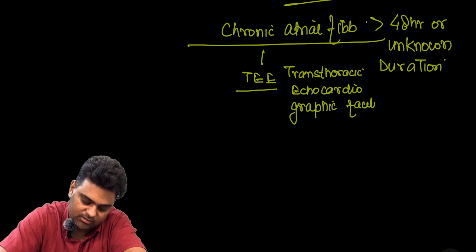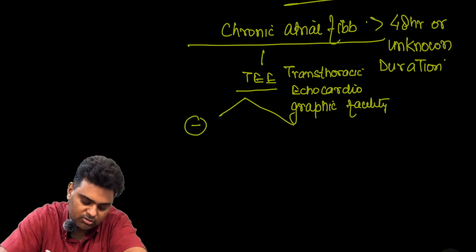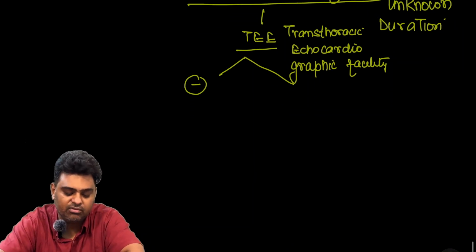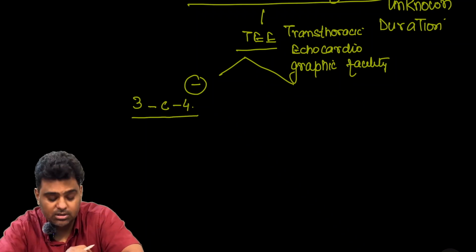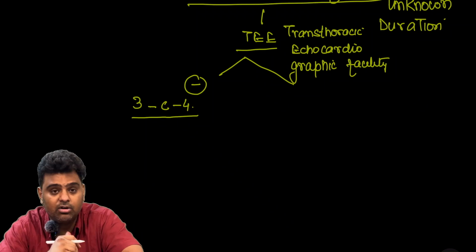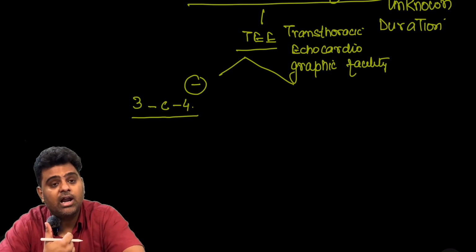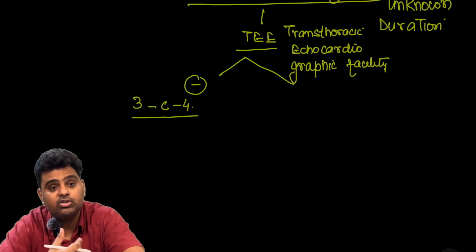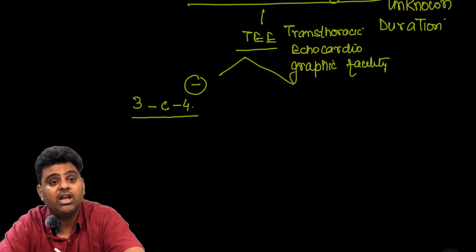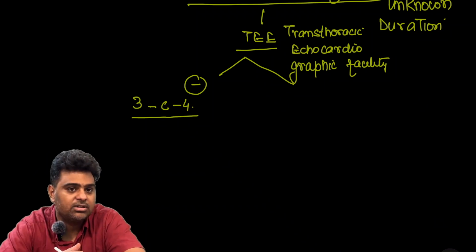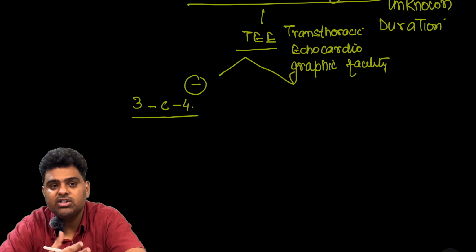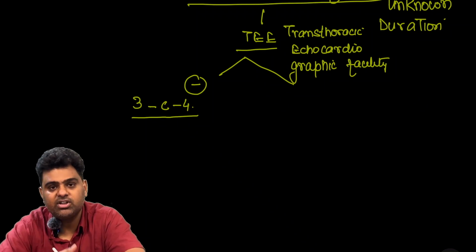If we do not have it, then we will follow a rule known as the 3C4 rule, because we cannot rely on transthoracic echocardiography to look for atrial thrombus, because smaller atrial thrombi are generally not seen by it.